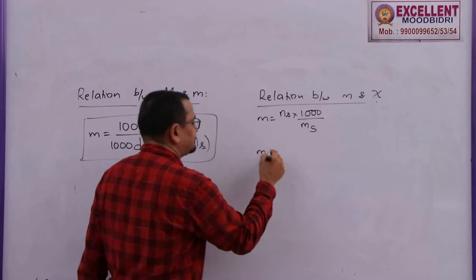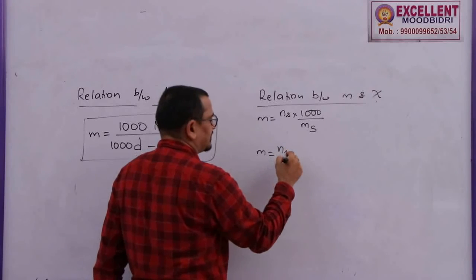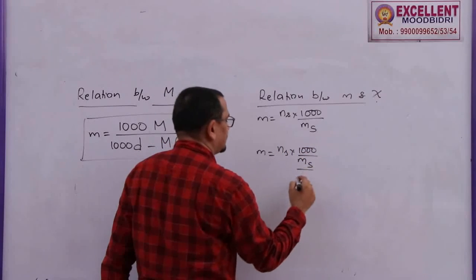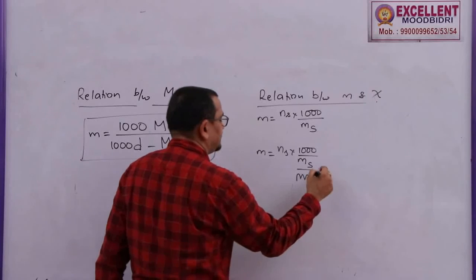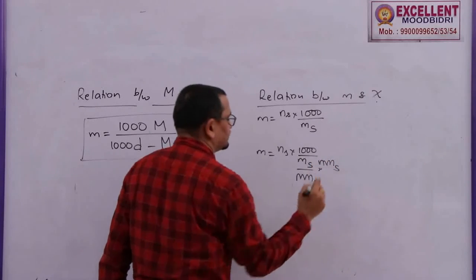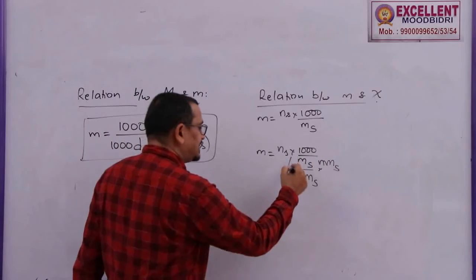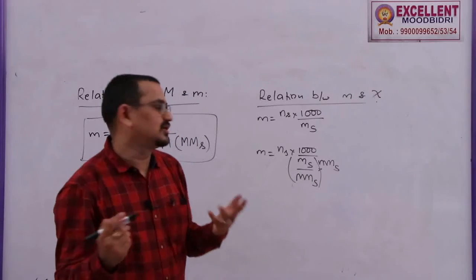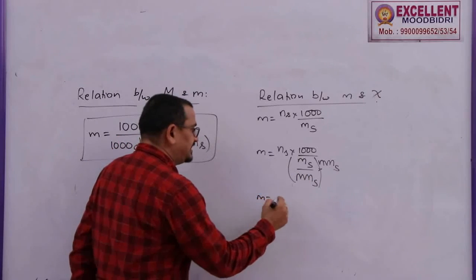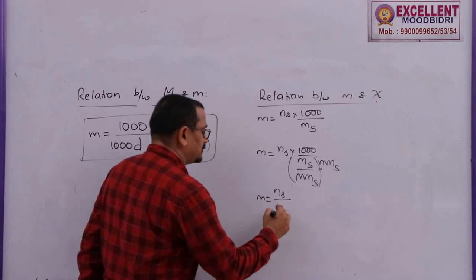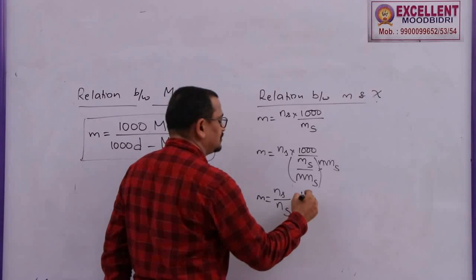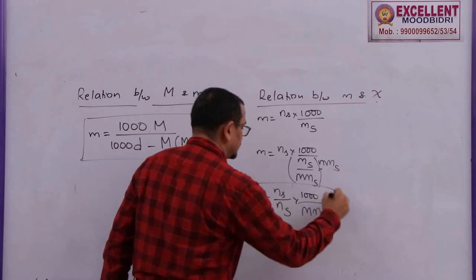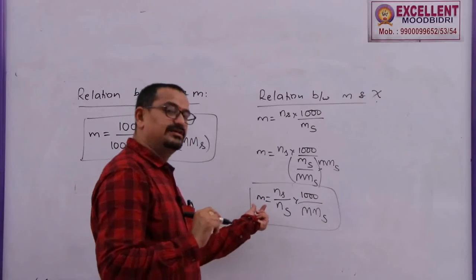Multiply and divide this with the molar mass of solvent: number of moles of solute into 1000 by mass of solvent by molar mass of solvent, into molar mass of solvent. The ratio mass by molar mass is nothing but the number of moles of solvent. So molality can be given as number of moles of solute over number of moles of solvent into 1000 by molar mass of solvent. So using this relation, we can find molality.